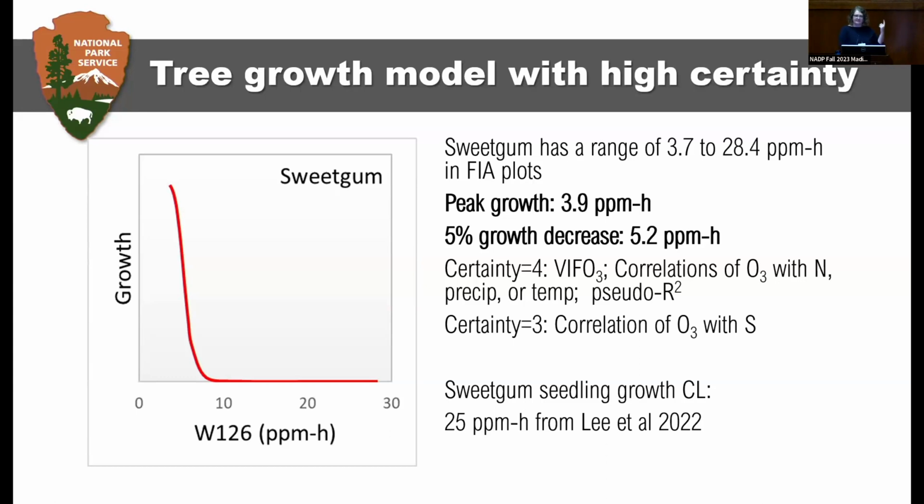Practically speaking, even 5.2 is really low compared to a species that goes up to about 30 ppm hours. But the FIA analysis is just over the long term, right? Right. So those trees could have been exposed to that ozone for decades, or anyway, years.